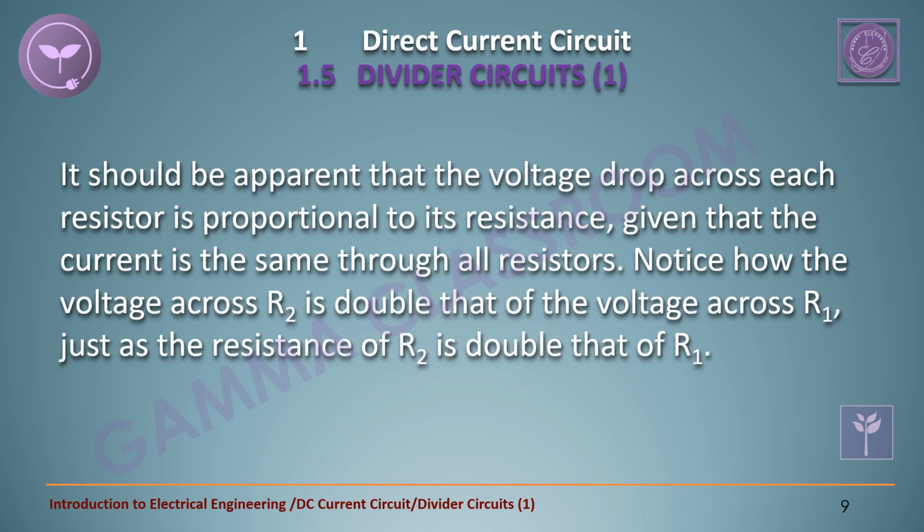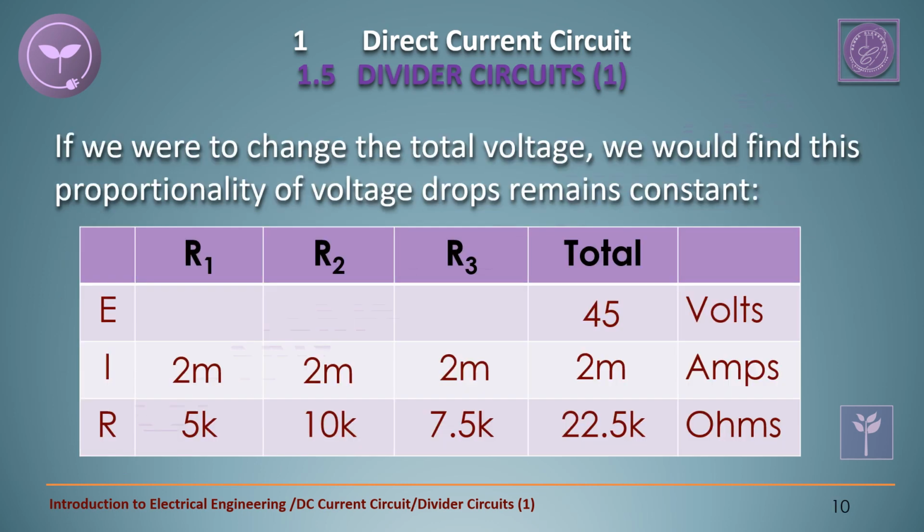Notice how the voltage across R2 is double that across R1, just as the resistance of R2 is double that of R1. If we were to change the total voltage, we would find this proportionality of voltage drops remains constant.